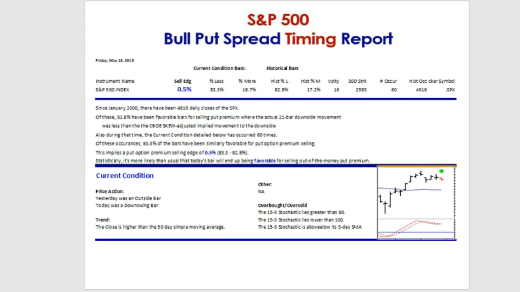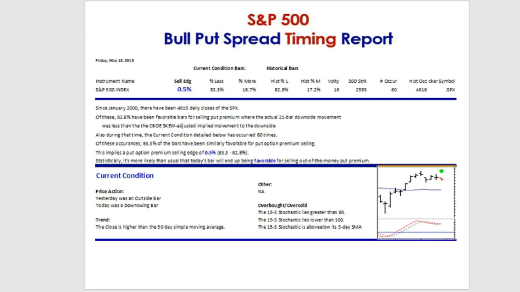So, of those 4,616 closes of the SPX, 82.8% of the time, they were favorable bars for selling put premium like I described, a standard deviation away, 30 days out, 21 trading bars. They were favorable where the actual 21 bar downside movement was less than what was being implied by the CBOE skew adjusted implied movement to the downside.